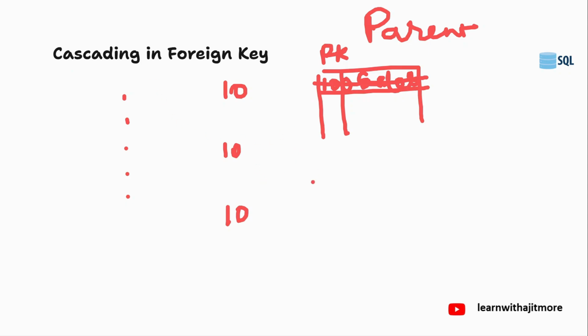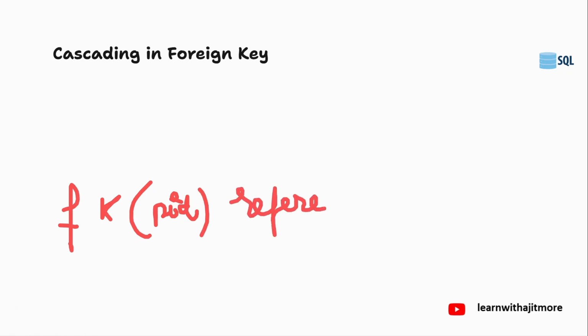So what are the different cascading rules and where to mention them? I'll tell you everything. You have to mention it when you give the foreign key. When you give the foreign key, then you write references, the parent table, and then the parent table's primary key.